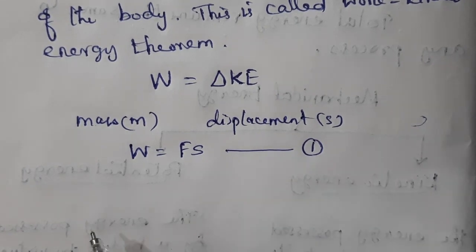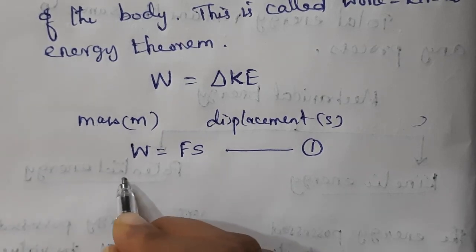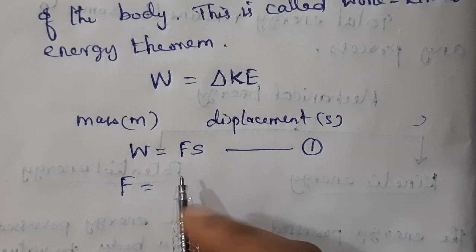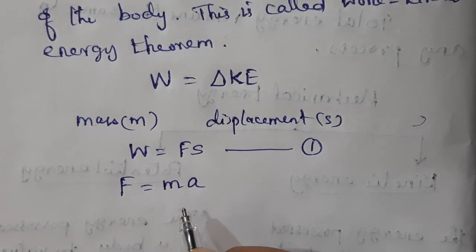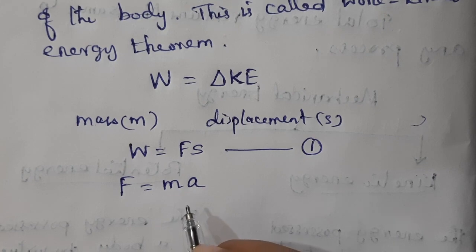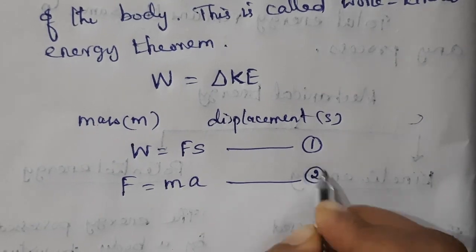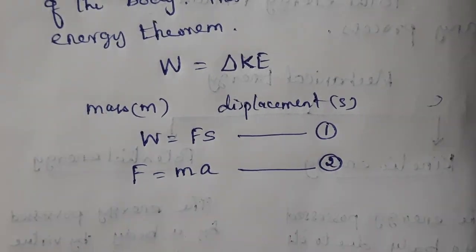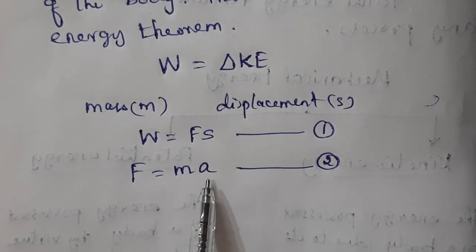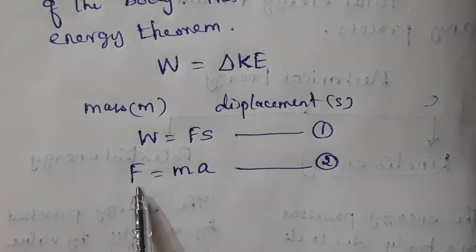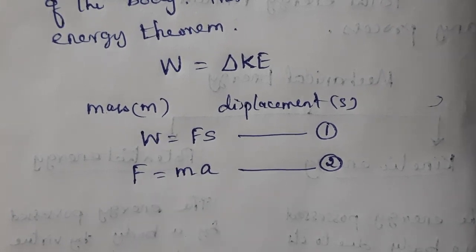Already we know the formula for force. What is force according to Newton's second law? F is equal to m into a, mass into acceleration, where a is the acceleration. Consider this as equation 2. Now we are going to find the value of acceleration and substitute it in this equation.